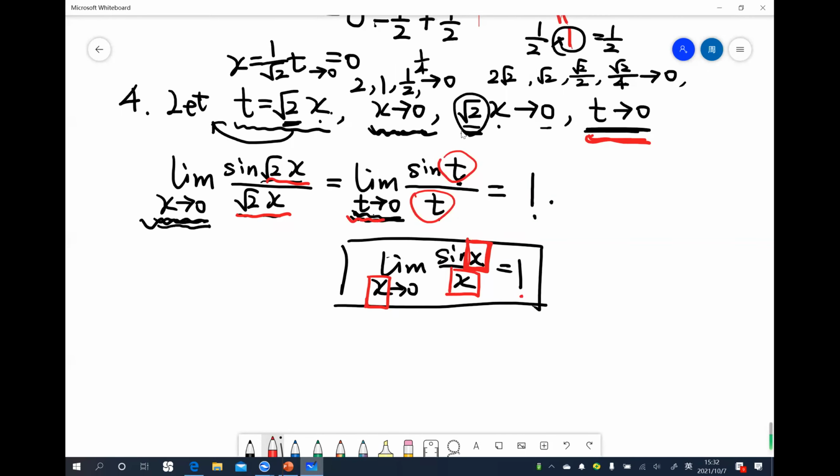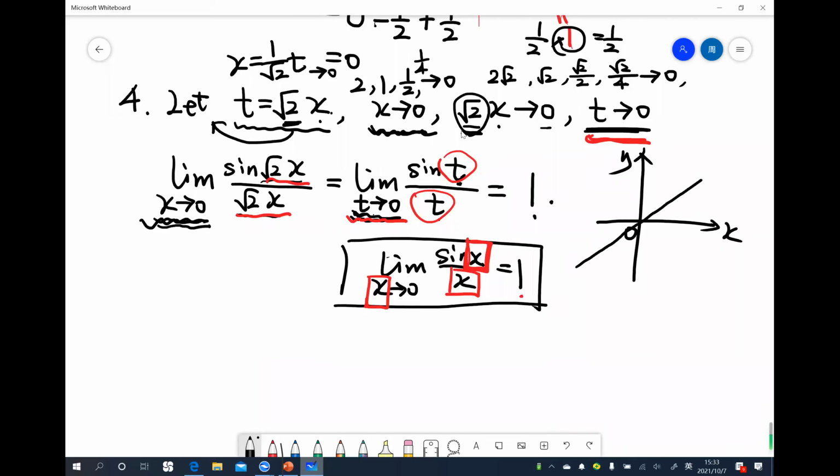And here, t also approaches 0. Let me show you by the graph. Okay, here I will draw the graph. Maybe I can think of x as a function, so we can let y equal x.